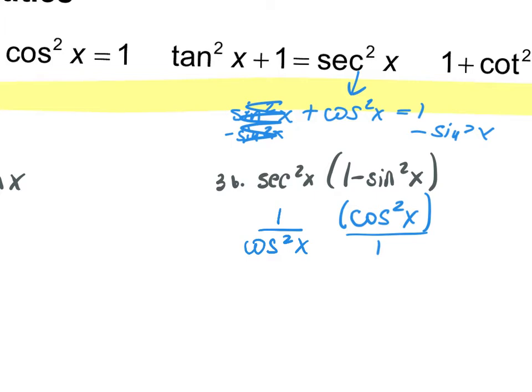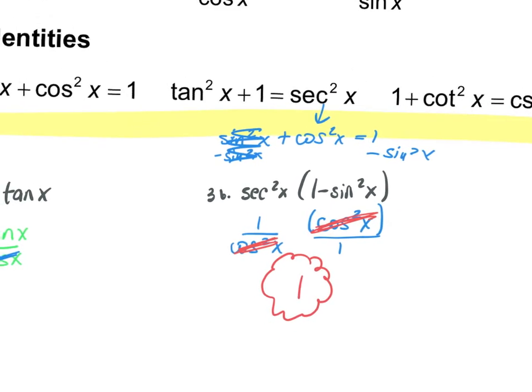We're good? Okay, so now what? What can I cross out? Cosine. Yep, cosine top, cosine at the bottom crosses out, and this is simplified as just the number 1. That's it. You guys see that? All right.